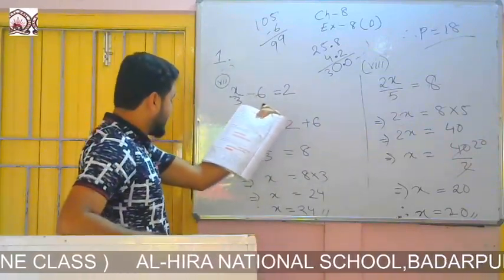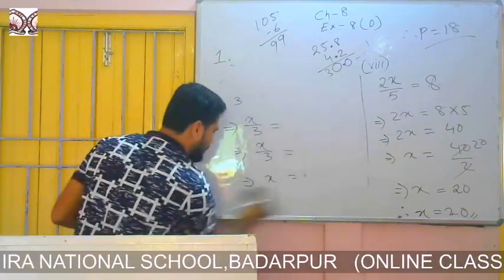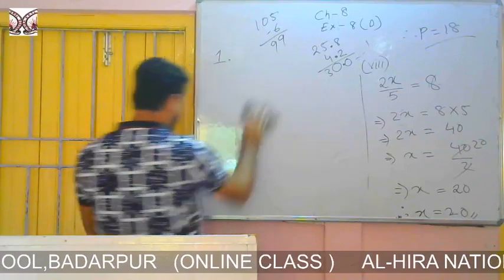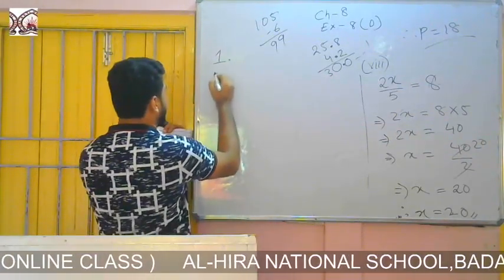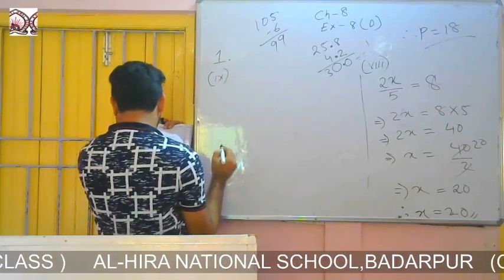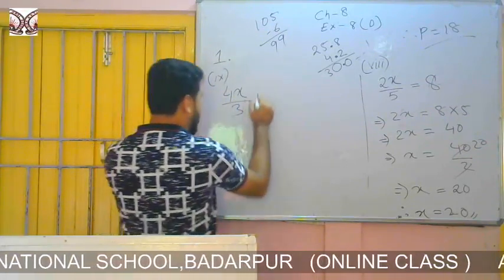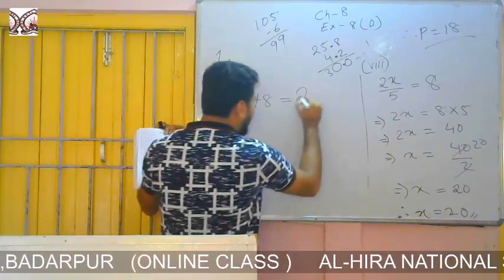Now come to question number 9. You see 4x by 3 plus 8. Left side is 4x by 3 plus 8, and the right side is only 20.